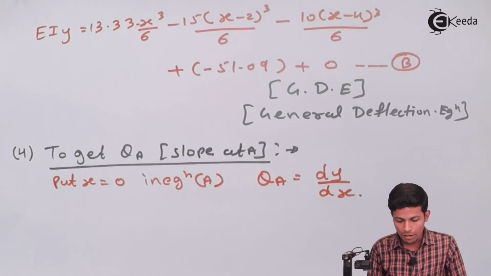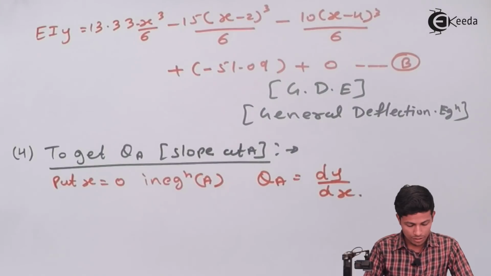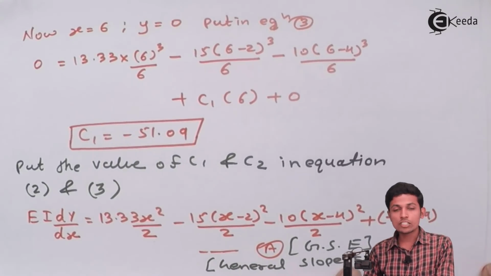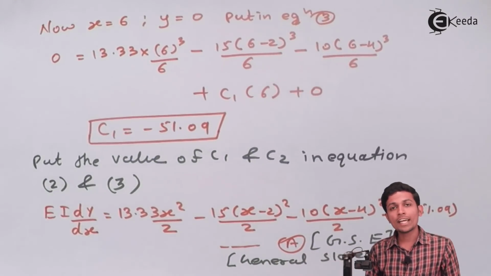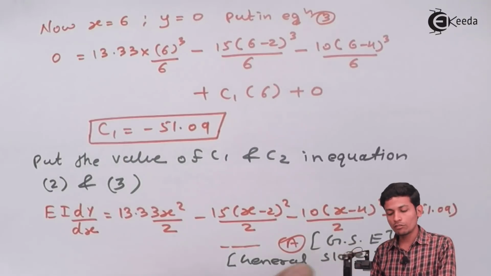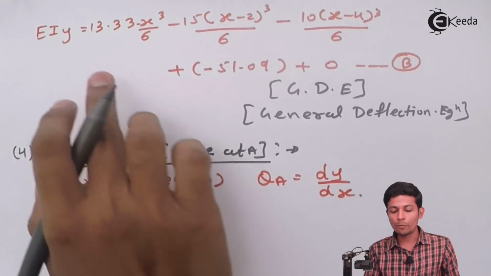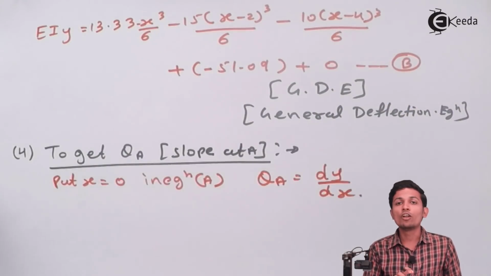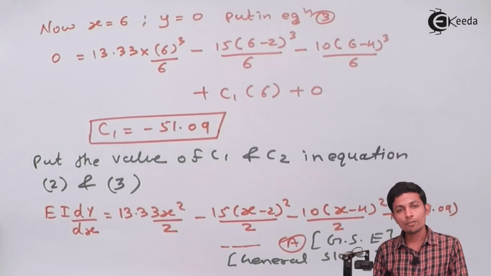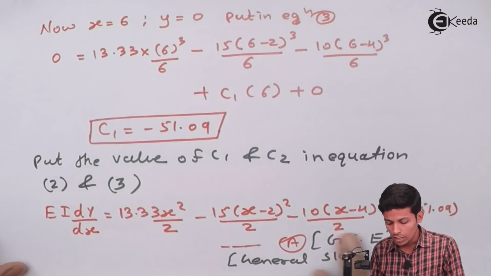If you have to find the slope at any point, we put the value of x in this equation. Here we put x equal to 0 in this equation.